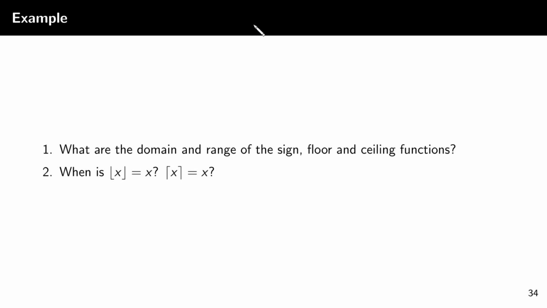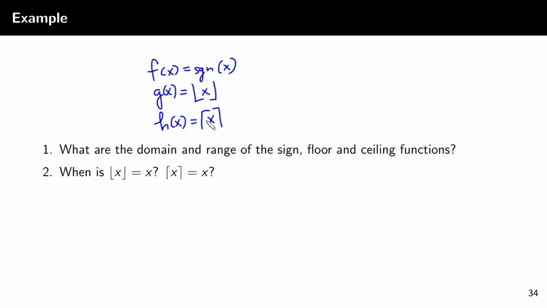Okay, we have some questions here. What are the domain and range of the sine, floor, and ceiling functions? Let f be the sine function, and then let g be the floor function, and then let h be the ceiling function.